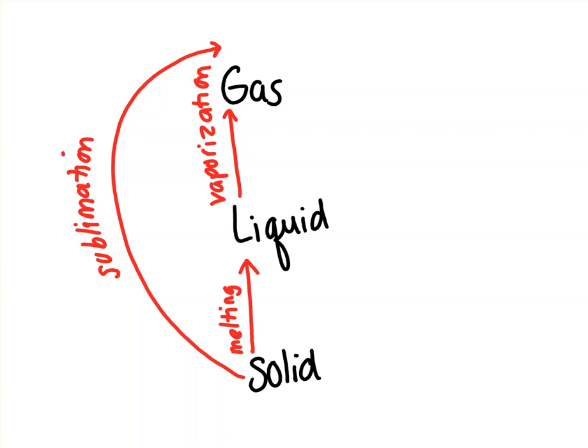Okay, let's go on the other side. Let's do the down arrows. So a gas to a liquid, that's condensation. And then from a liquid to a solid, that's freezing.